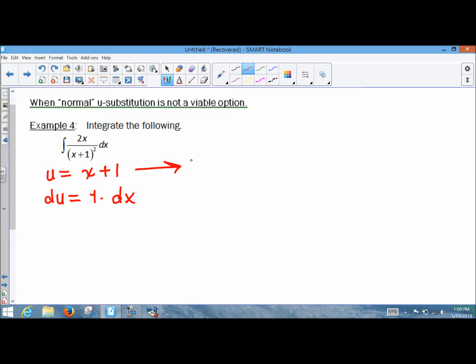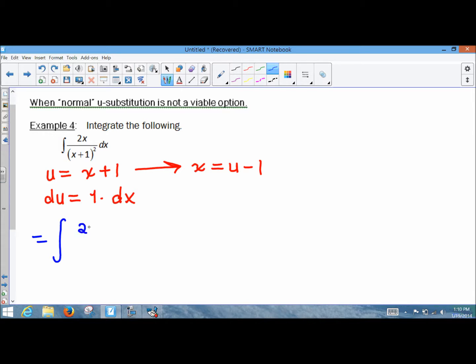So I'm going to take a look at solving this u equation for x. I would subtract 1 over to the left side. Well, at this point, we have some components here that we might be able to use to put the integral back together. In other words, we'll substitute out things like the x, which is going to get replaced with u minus 1.